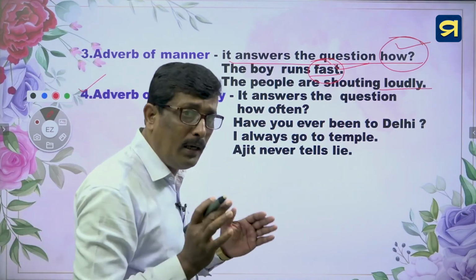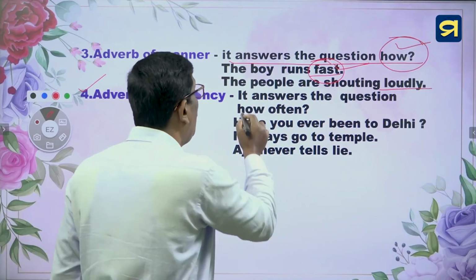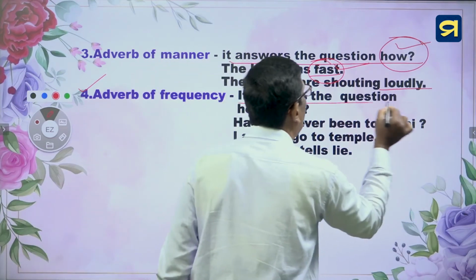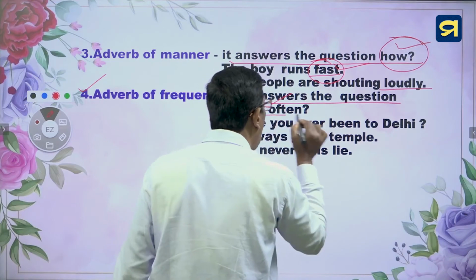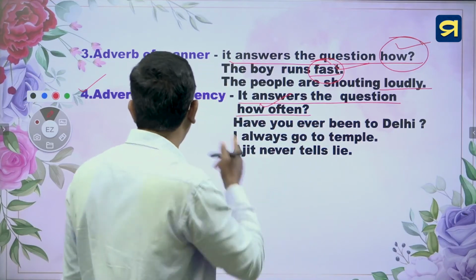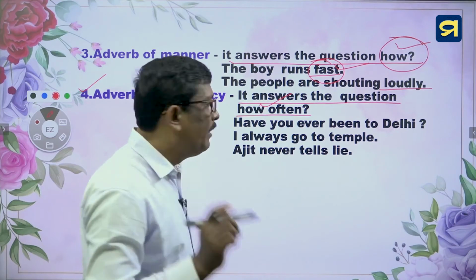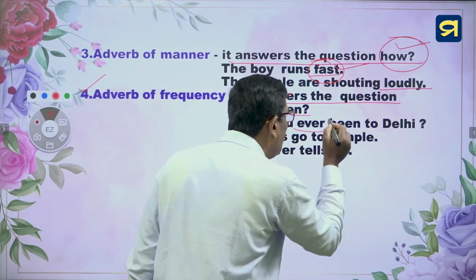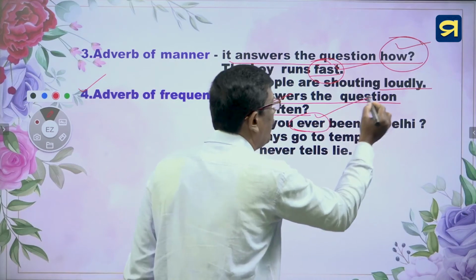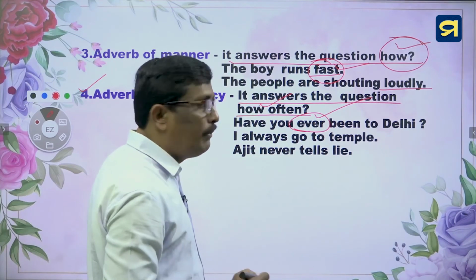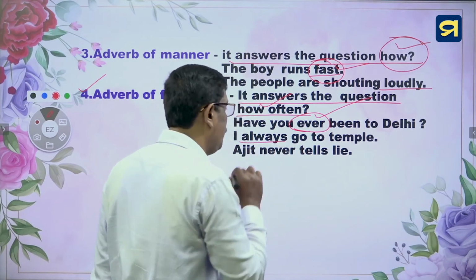Okay. Then adverb of frequency. So how do you find the adverb of frequency? It answers the question how often. By using how often, you can easily pick out the adverb of frequency. Have you ever been to Delhi? You see, by using how often, you get the answer ever. Similarly, always.